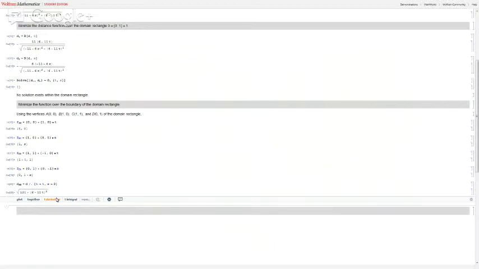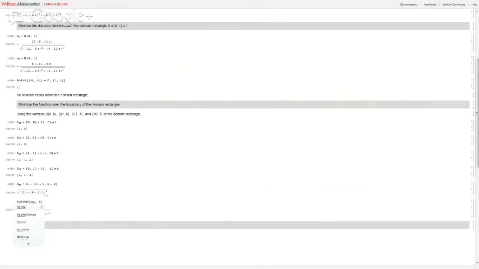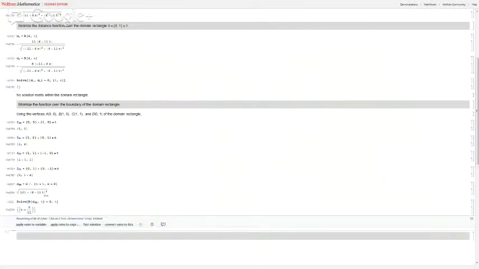So I want to find the derivative of d sub AB with respect to t. And I want to solve for that equals 0. So let's try solve for this equal to 0 for t. Alright.